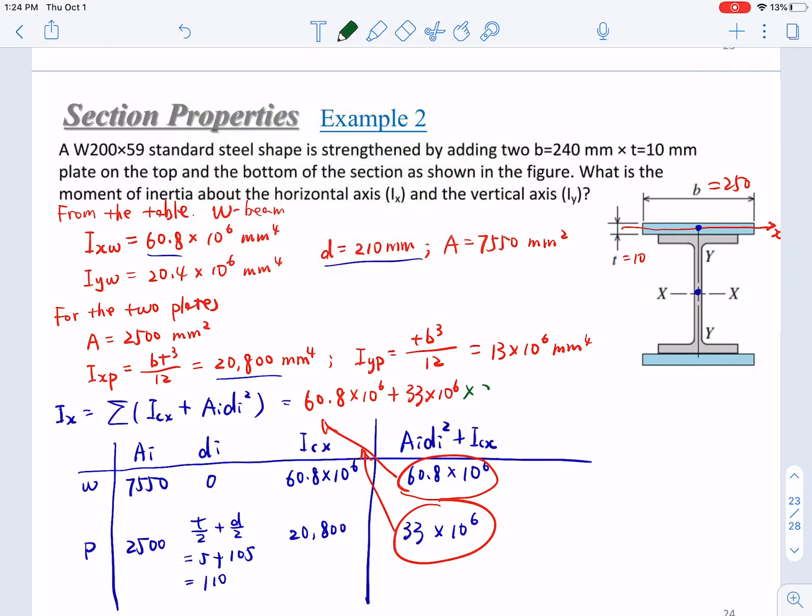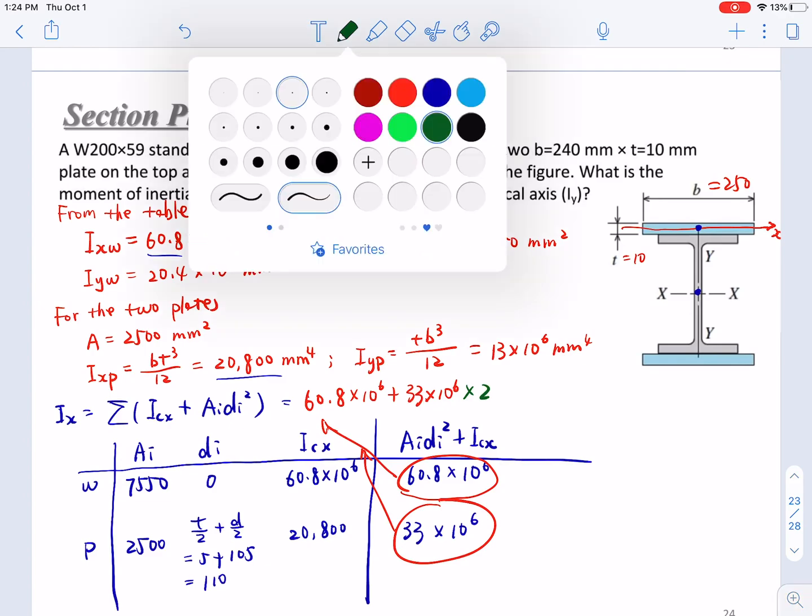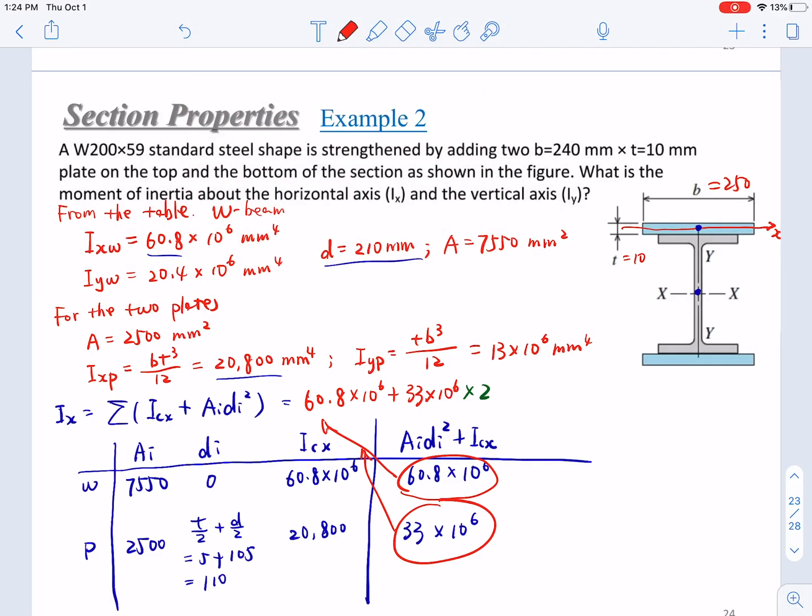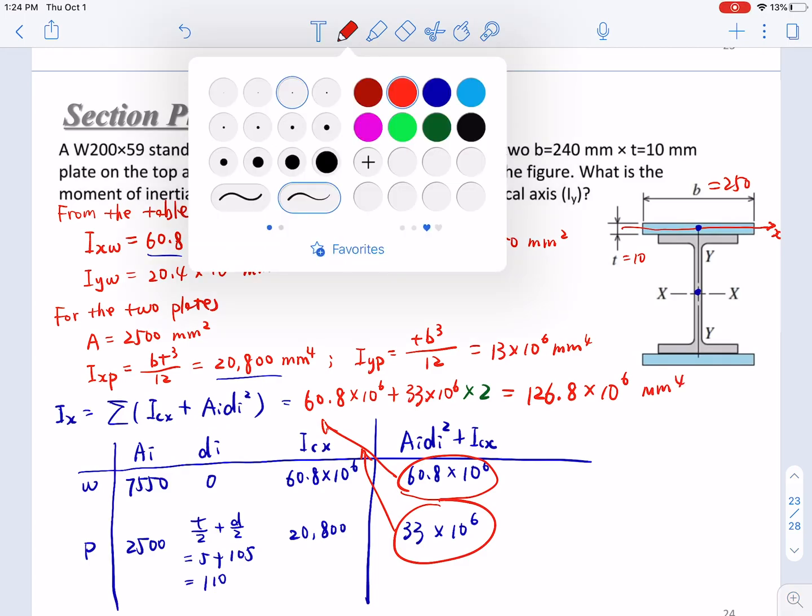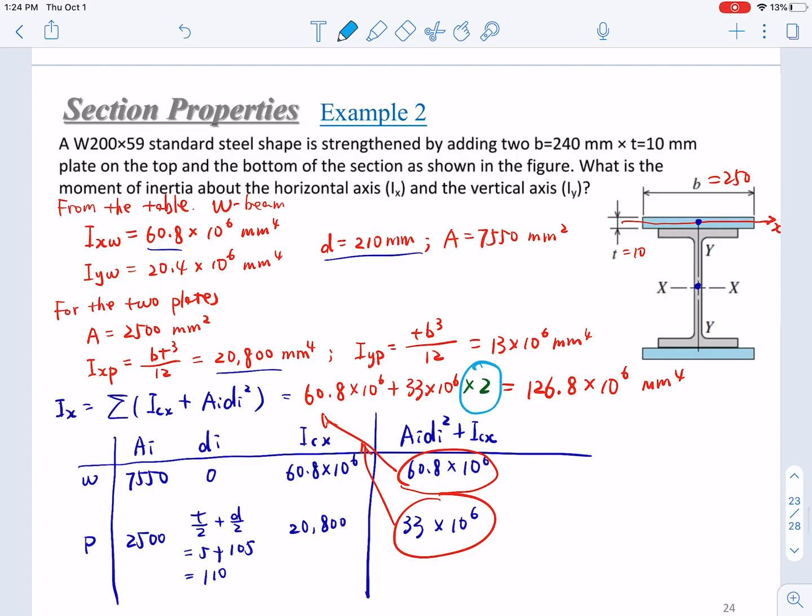Don't forget times 2, since you have 2 plates strengthening this beam. Add them together, you will get 126.8 million millimeter to the fourth.